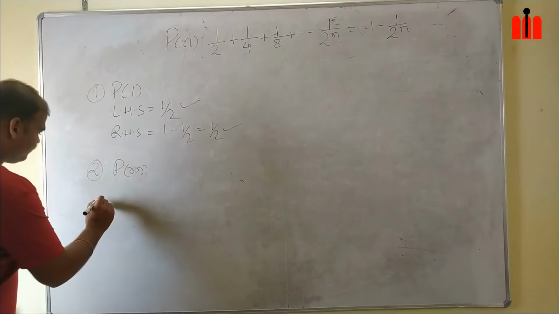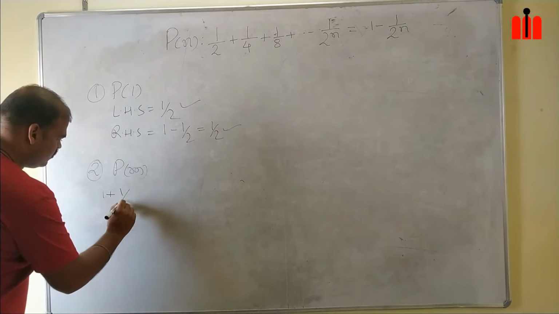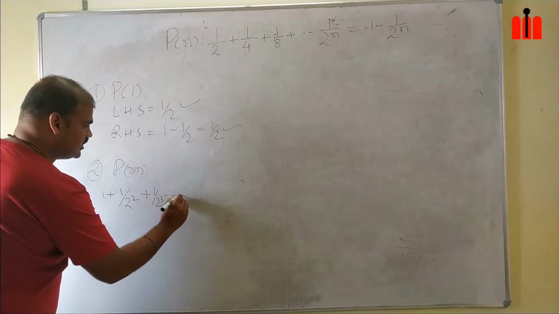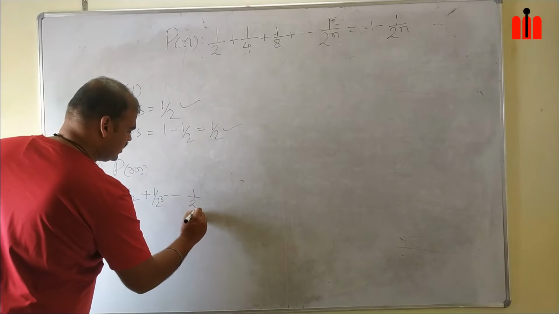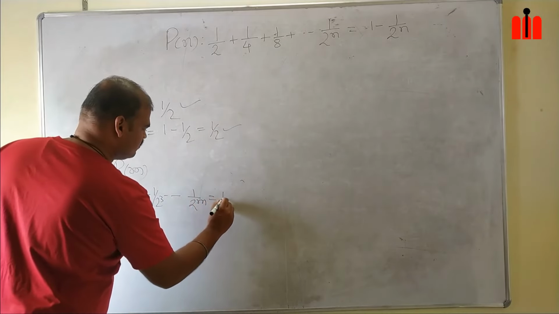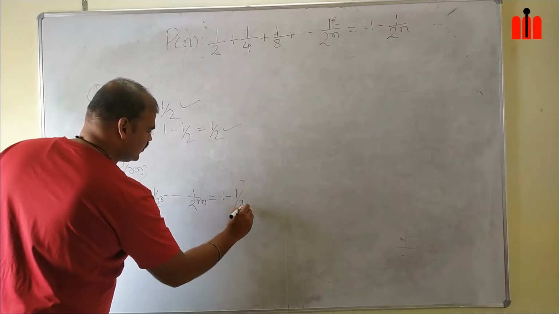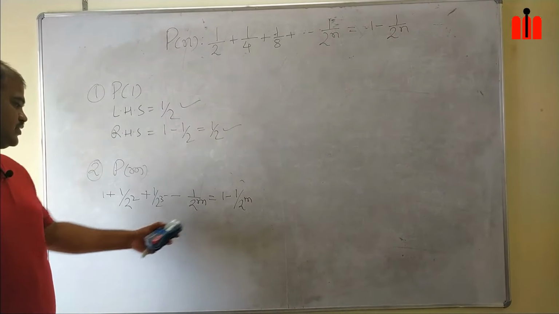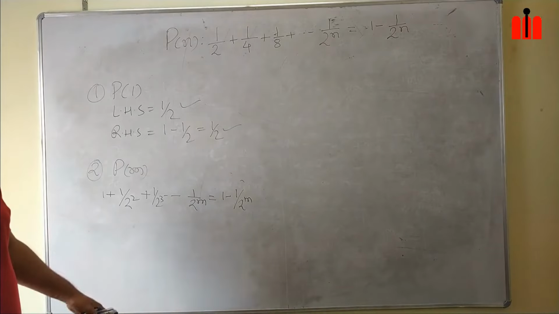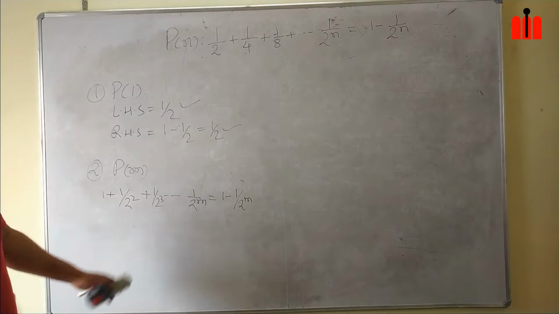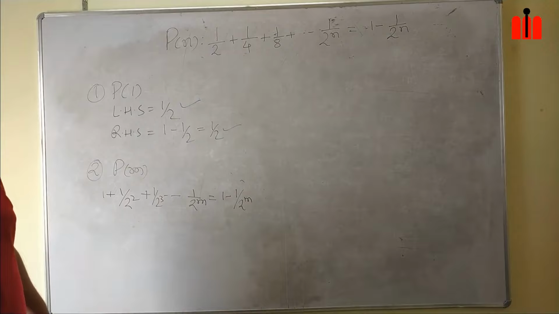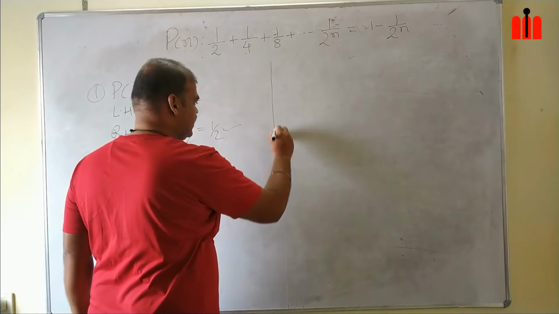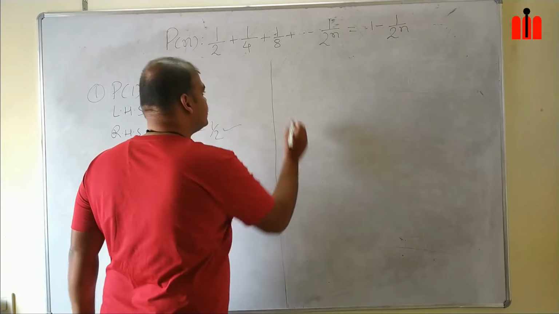So it will be 1/2 + 1/2² + 1/2³ up to 1/2^m is equal to 1 − 1/2^m. Okay, this is the concrete statement we derived from our assumption step. Now let's move on to our induction step, which is our main step.